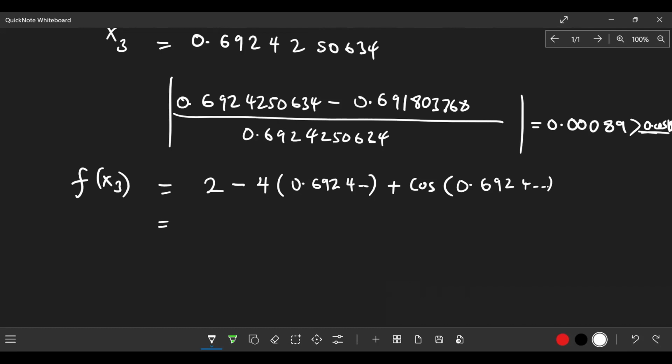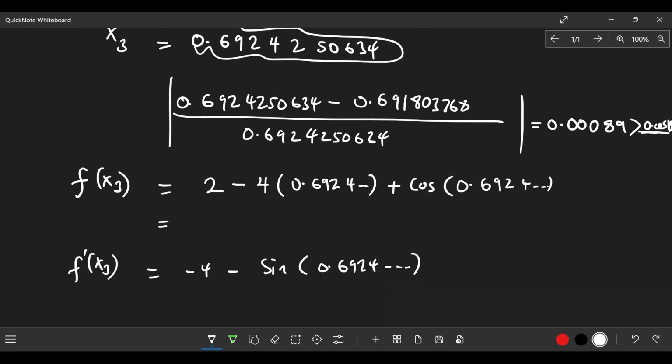What do you get as f of x3, and also get f prime of x3, which is -4 minus sine of 0.6924, whatever there. Of course, this value we're putting is x3, right?